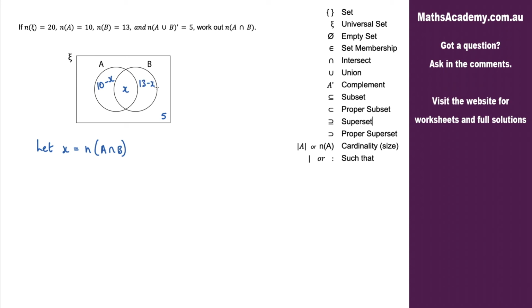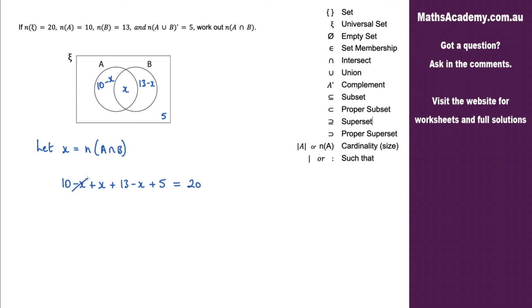So what we can do is set up a little bit of an equation here. What we can say is that 10 minus X, so this area here, plus the middle section, X, plus 13 minus X, plus 5, which is everything outside of A and B, well, that whole thing is equal to 20. We can cancel things a little bit here.